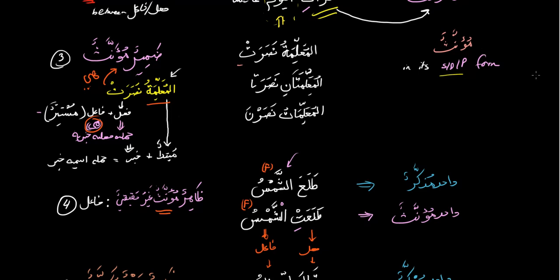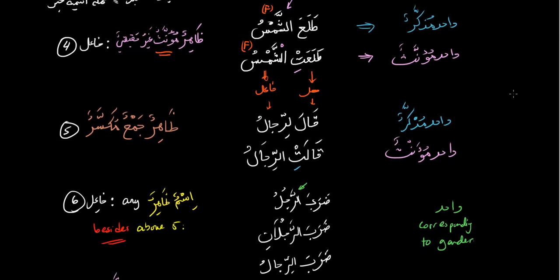Analyze this sentence over there. Number 4, if the fa'il is ظاهر مؤنث غير حقيقي, it's apparent mu'annas, but you can't tell by looking at the word that it's a female word. Then it could be either واحد مذكر or واحد مؤنث: طلع الشمس or طلعت الشمس.